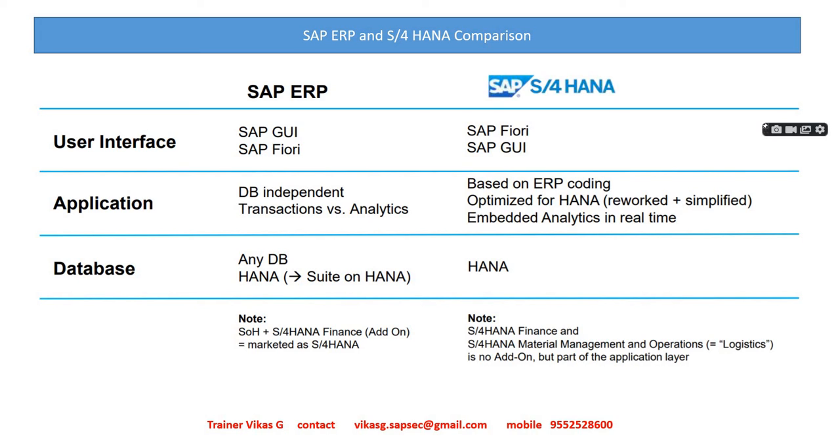Then you can have both things, the transactional application plus reporting, and database wise, ERP can be installed on any database. But for S4 HANA, you can only install on the HANA database. So these are the basic changes compared to ECC and S4 HANA.